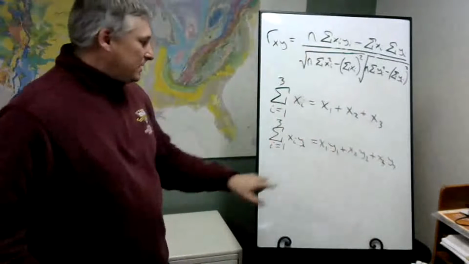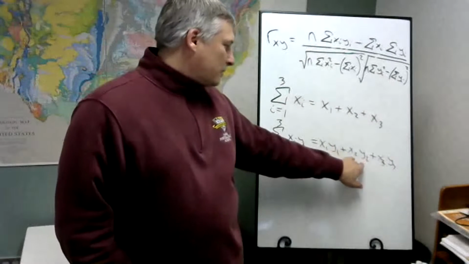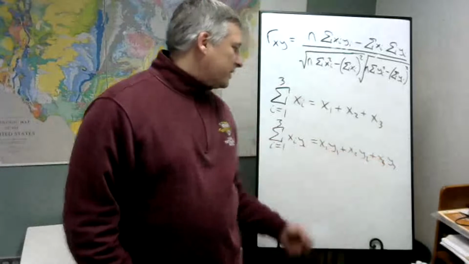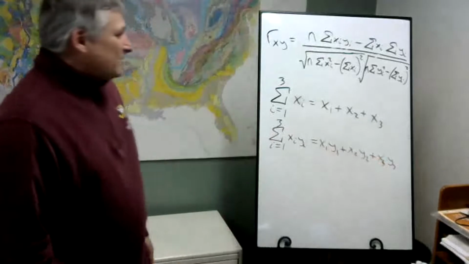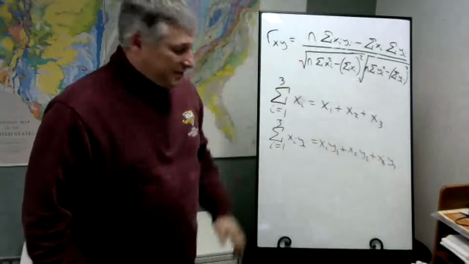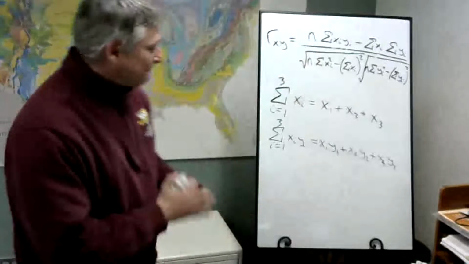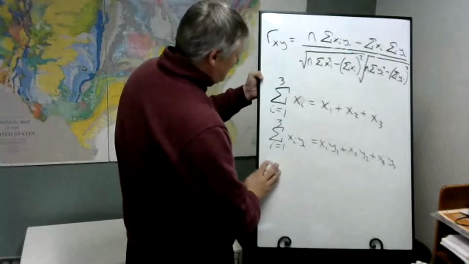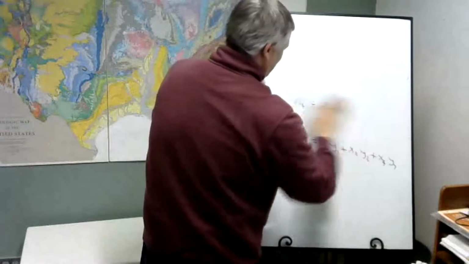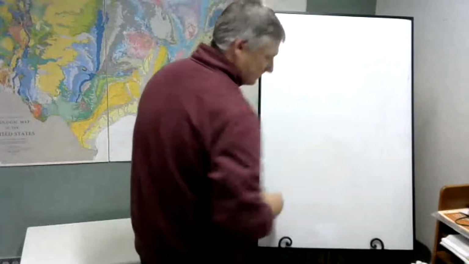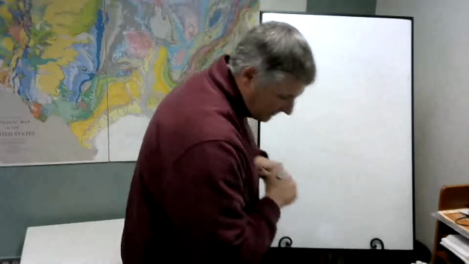And what these are, this would be coordinates from the first day, coordinates of the second day, coordinates of the third day. We're multiplying the coordinates from each day together. Probably not going to do much with this, but I just wanted to show you the formula. So kind of a gnarly formula. So anyway, more stuff.